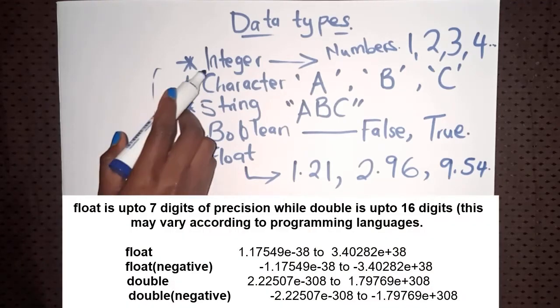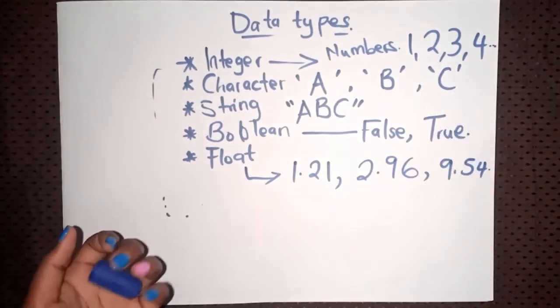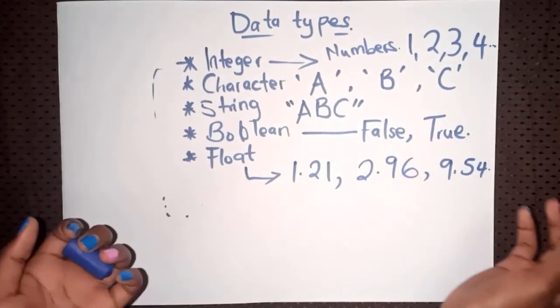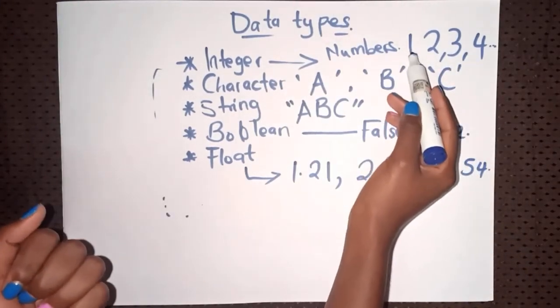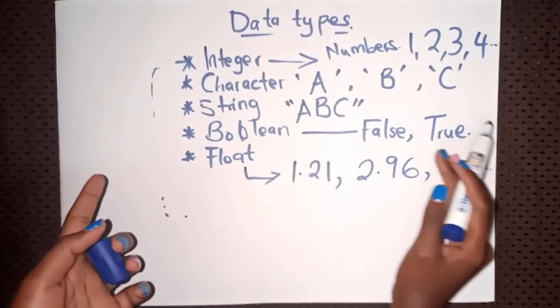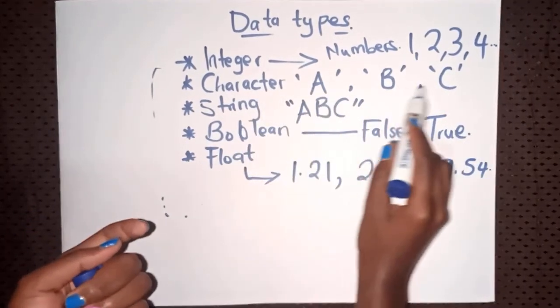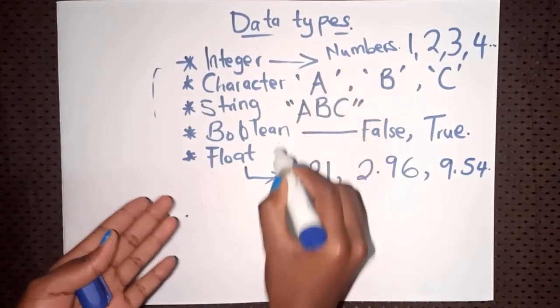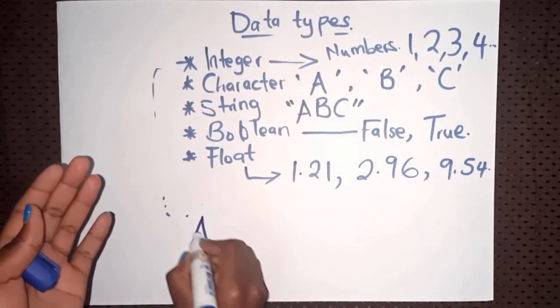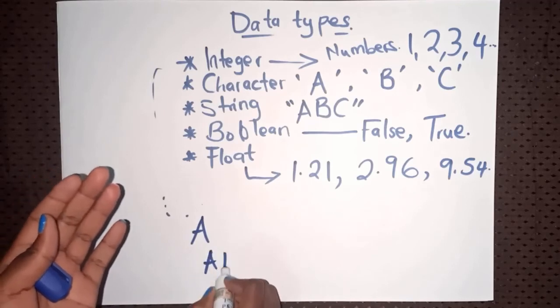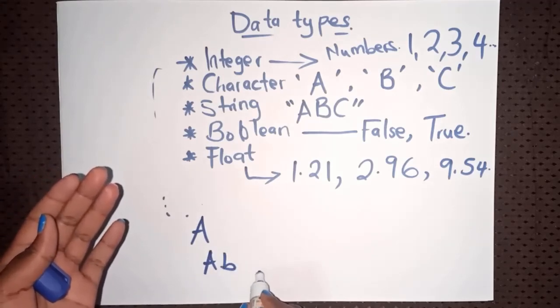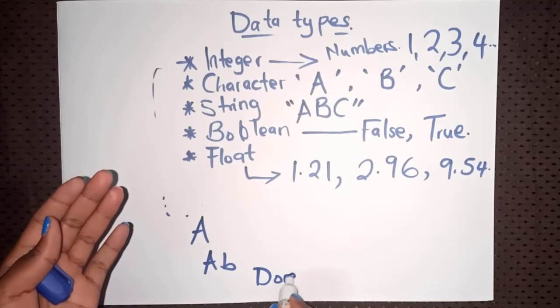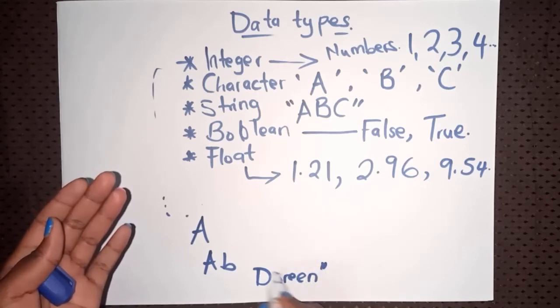So integer, we've said 1, 2, 3, 4, 5, 6. That's an integer, a number, and it can be positive or negative, but it's up to a certain range. Characters A, B, C, D, those are characters, and it's only one, as in A. But when you say A, B, or just some name, like my name, then this is a string.